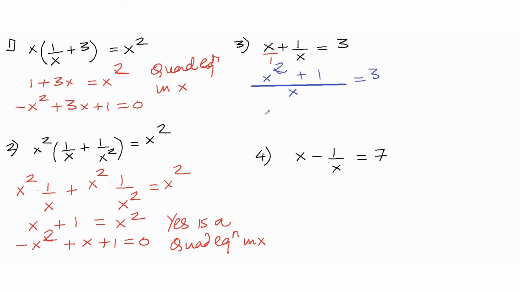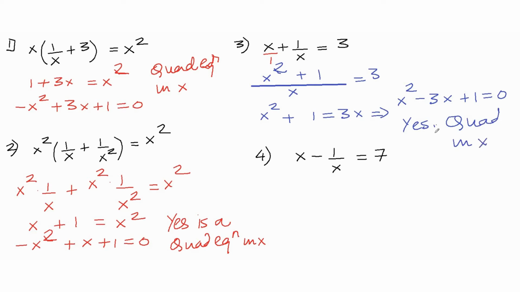Now the x goes to the other side for multiplication. So I get x square plus 1 is equal to 3x, which implies x square minus 3x plus 1 equal to 0. So yes, this is a quadratic equation because the highest power of x is 2, and this is a quadratic equation in variable x.